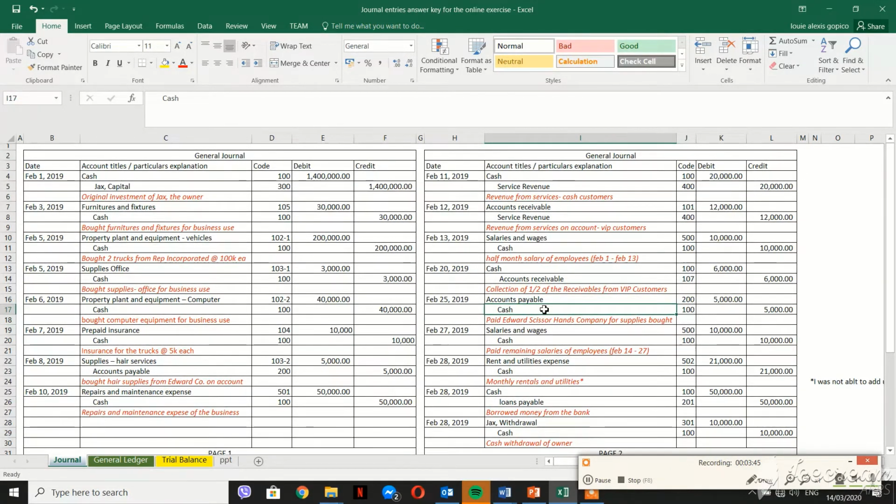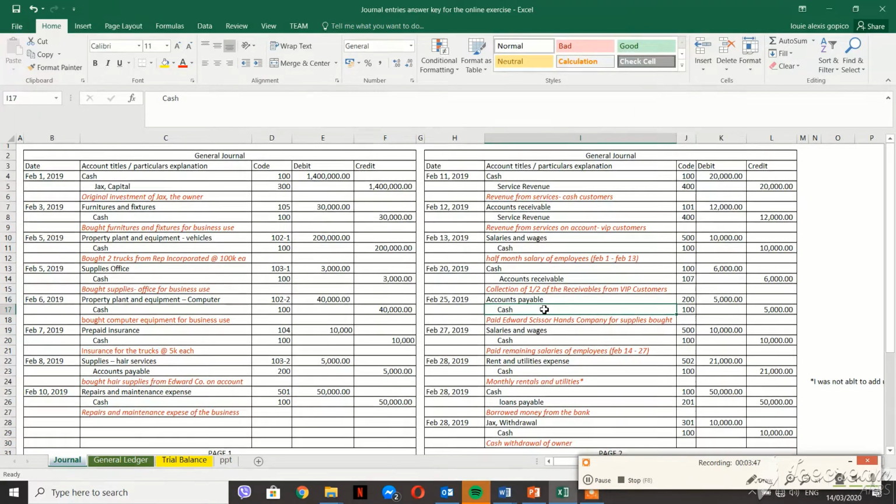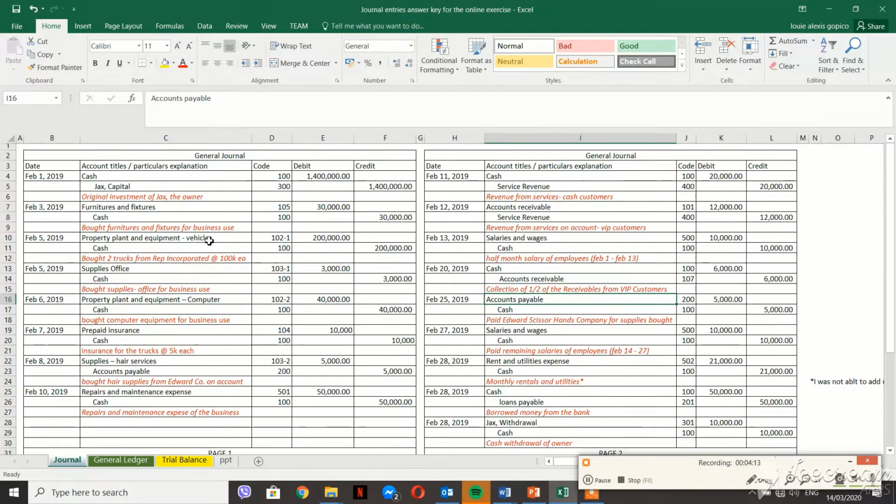Now, remember guys, when we pay a liability, it does not necessarily mean that we can only use cash to pay for the liability. In accounting, all transactions, as long as they are legal, are allowed. So you may pay your liabilities using some other asset. For example, you may pay these accounts payable using your vehicles, di ba?